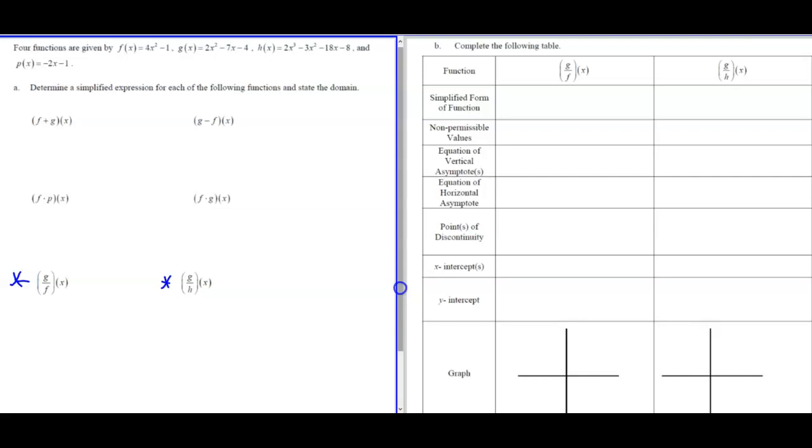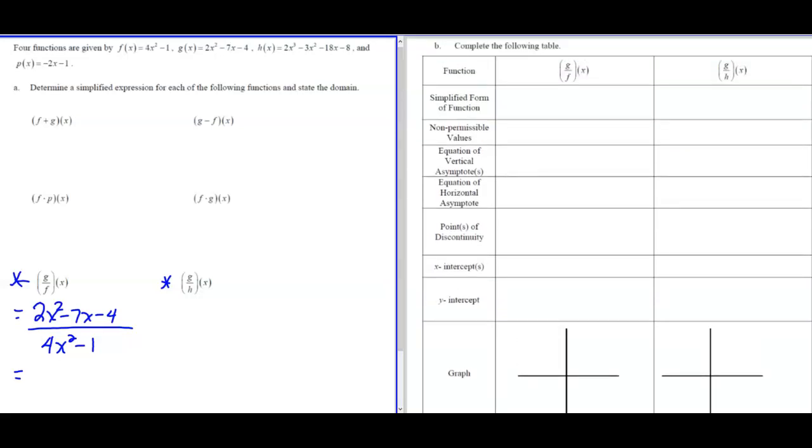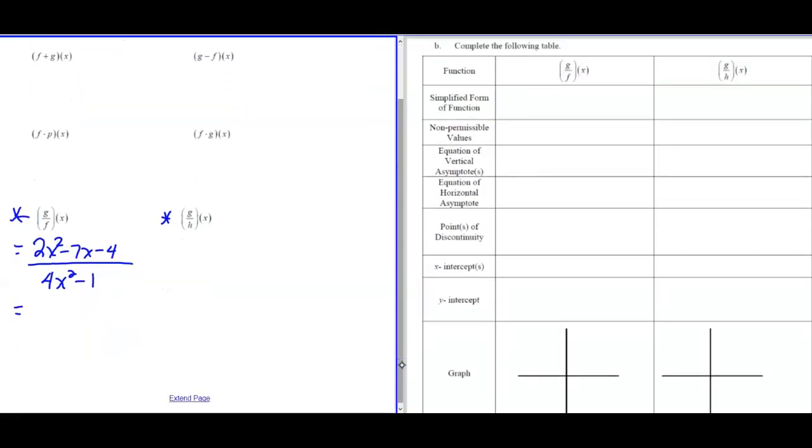So g of x over f of x. Okay, so you start doing that. If you want to simplify that, the top of the second page. So factor first.